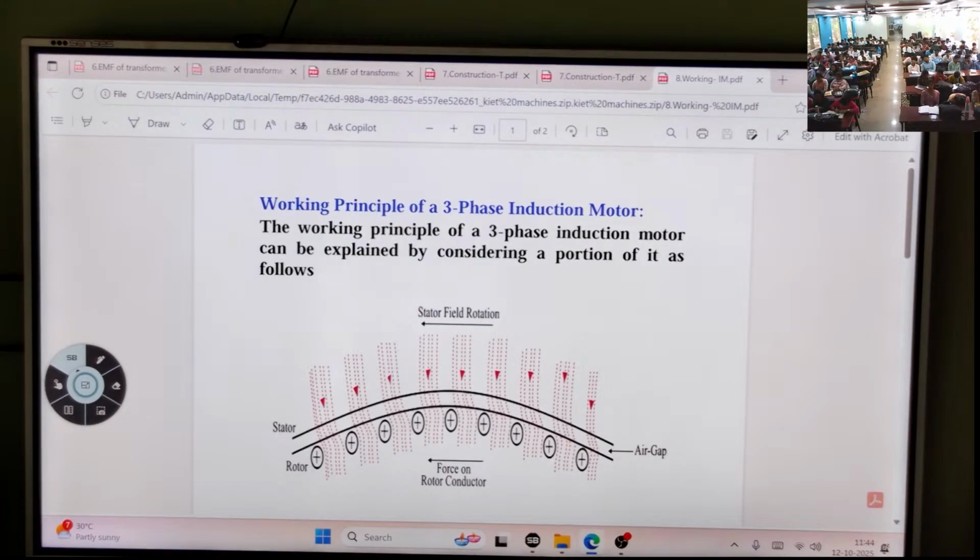Transformer is a static device, where EMF is induced because of Faraday's laws of mutual induction. It is a static device. It cannot move. It cannot rotate. But the same principle we are using for the transformer, same principle we are using for the induction motor. But here what we are doing, see, I will explain now.